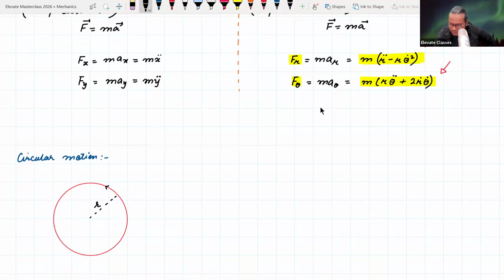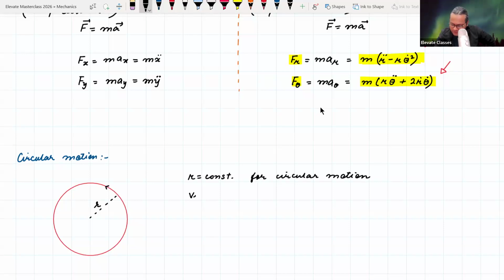So circular motion का मतलब क्या होता है? R is equal to constant, okay, for circular motion.